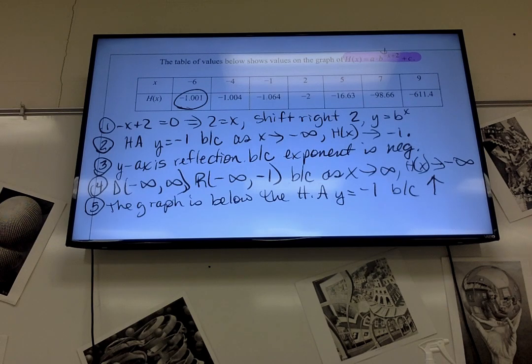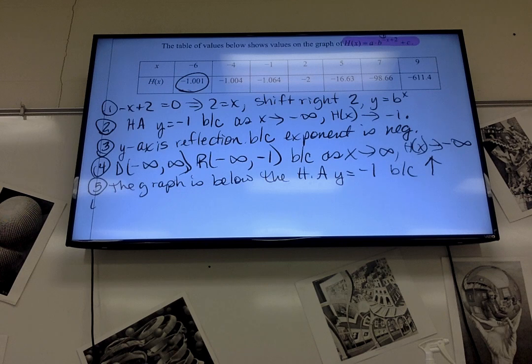Yes, Berkeley? Since the horizontal asymptote is negative 1, wouldn't that mean it shifts down 1? Yes. What's c then? Negative 1.